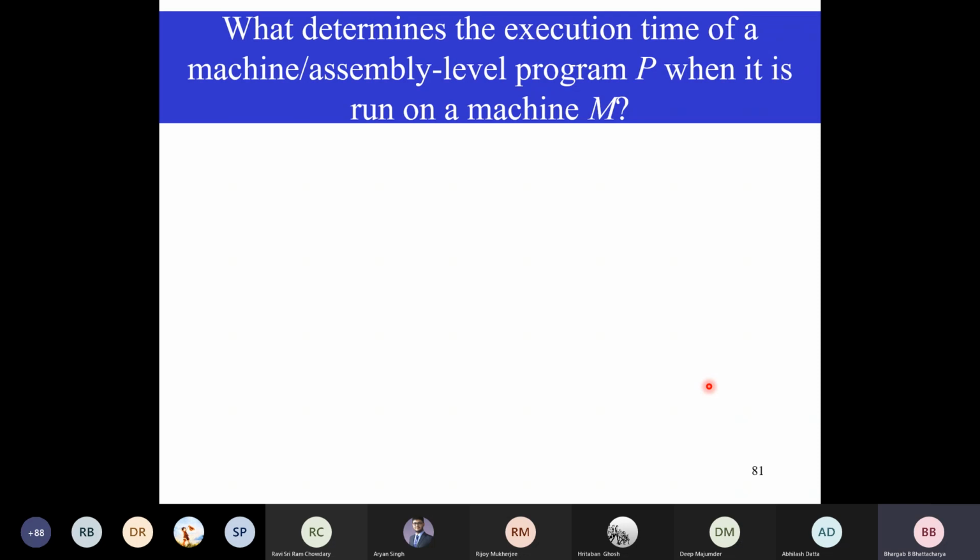And the job is submitted to the machine M, and I want to see what are the factors that would determine my CPU time. So what are the factors on which my CPU time would depend? Given this scenario that I have an assembly language program P or a machine level language program P equivalently when submitted to a machine M. So have some thought on it and try to give us some pointers.